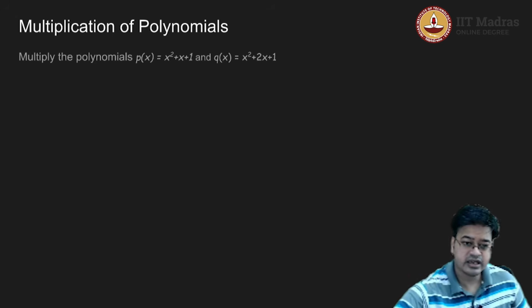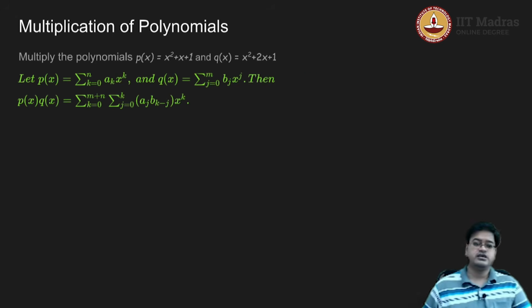So let us recall that formula again. That is p(x) is equal to summation. So my polynomial is a polynomial of degree n and q(x) is a polynomial of degree m. In this particular example, the first polynomial is of degree 2 as well as the second polynomial is of degree 2.